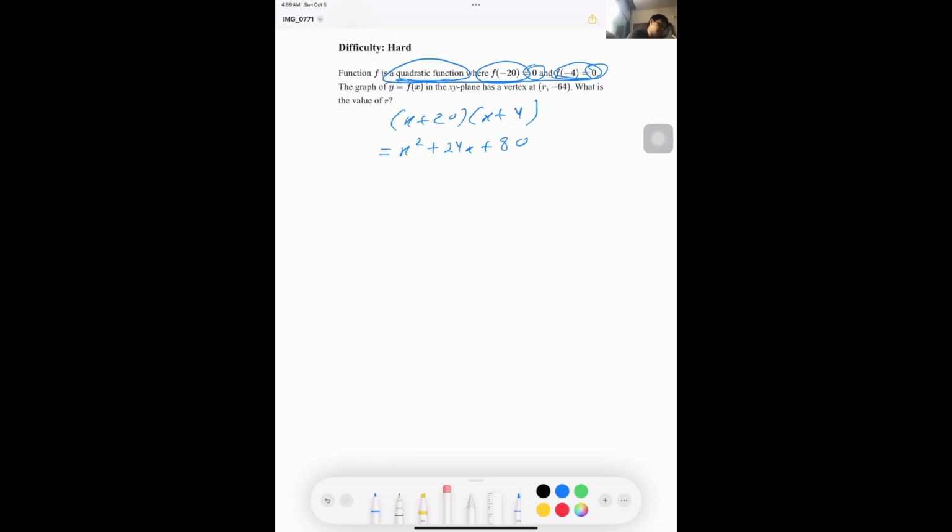Now on the graph of y equals f(x), there is a vertex, this, what is the value? So just equate this, which will be putting r in place of x.